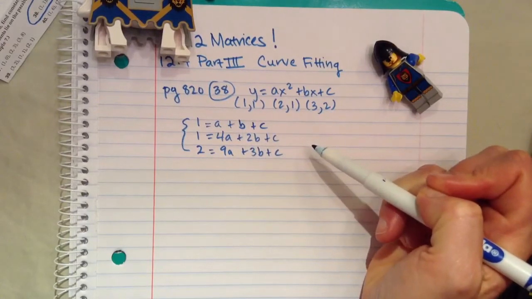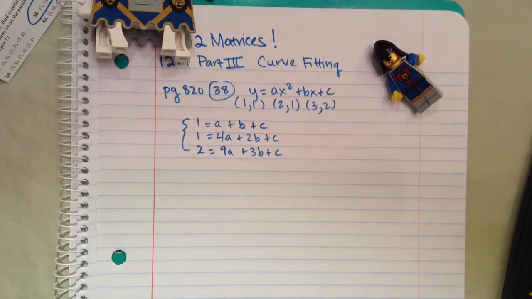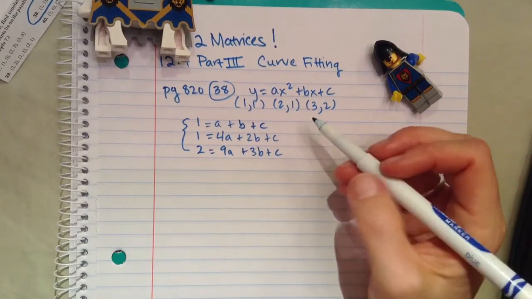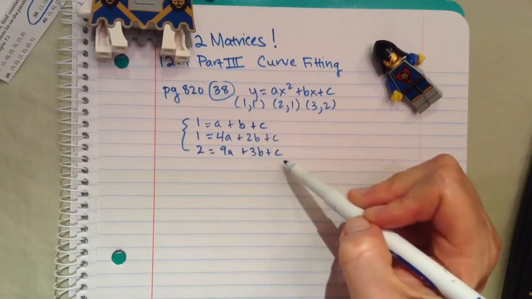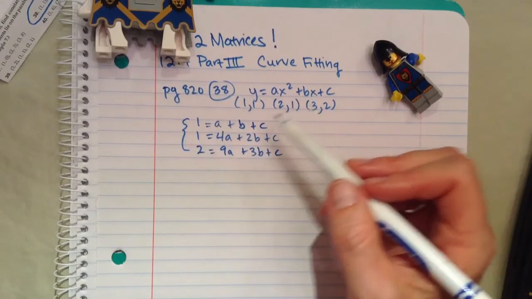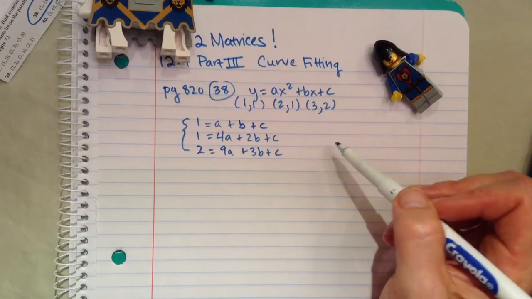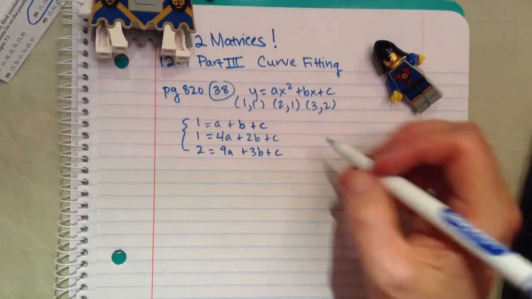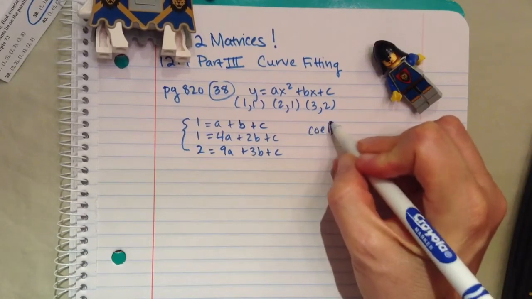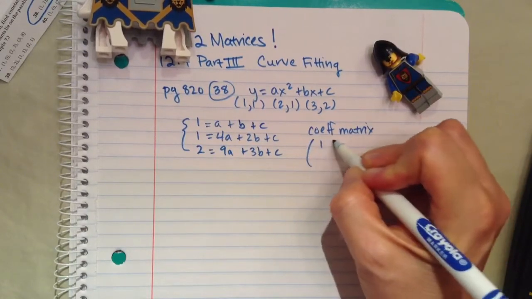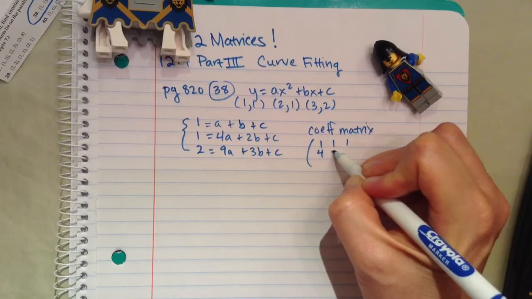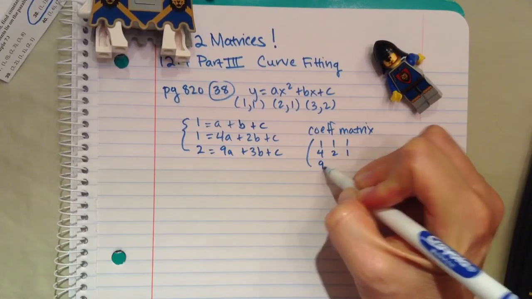And we're going to use the strategy from last section, which was to find the coefficients matrix, find the constants matrix, and then do the inverse of the coefficients matrix times the constants. So the coefficient matrix is 1, 1, 1, 4, 2, 1, 9, 3, 1.